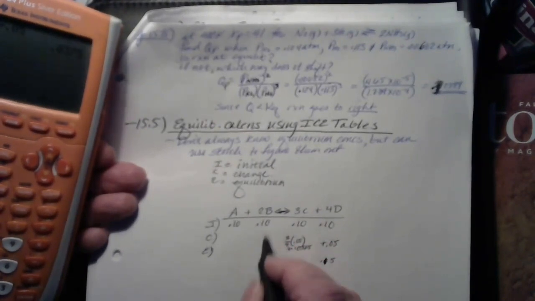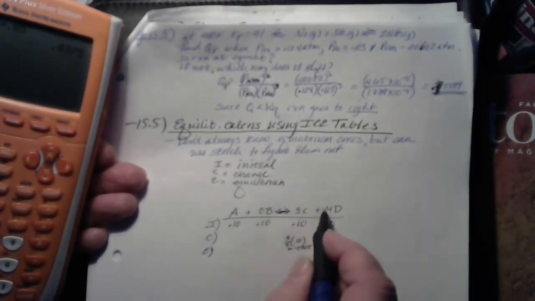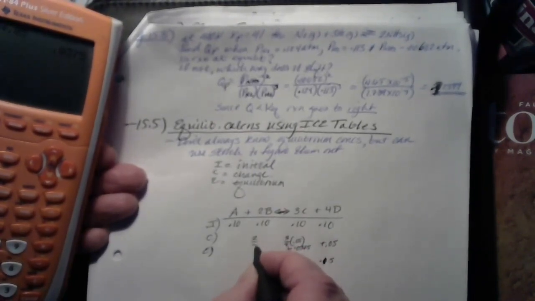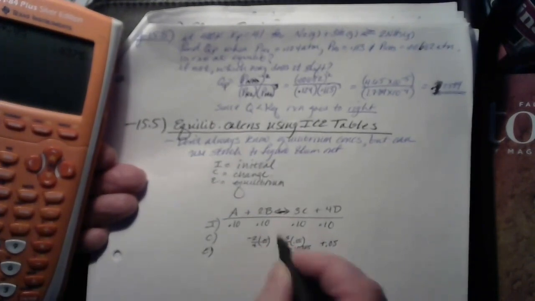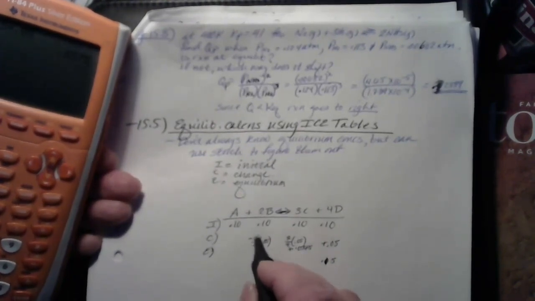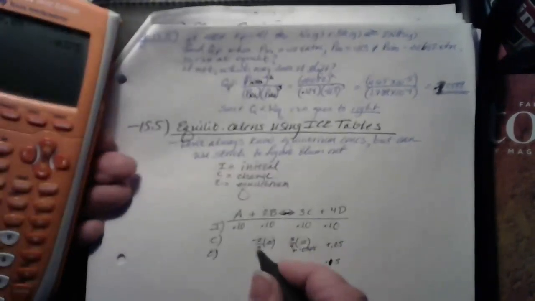B is going to change by 2/4 of whatever D does, and it's going to be in the negative direction because you lose reactants and gain products during a chemical reaction. So it's going to be minus 2/4 times the change in D. And 2/4, of course, is 1/2.